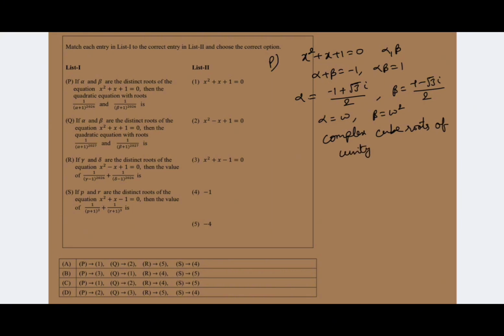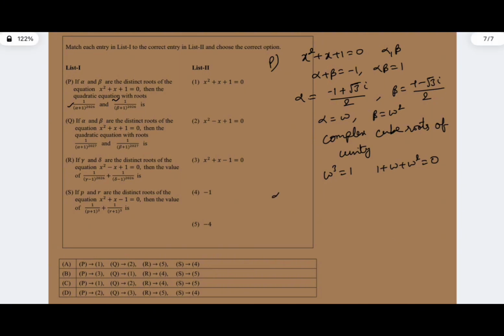And we already know all the properties of omega and omega square. We know that omega cube is 1 and 1 plus omega plus omega square is 0, and that's it. We know the values of alpha and beta. We can start calculating these expressions.